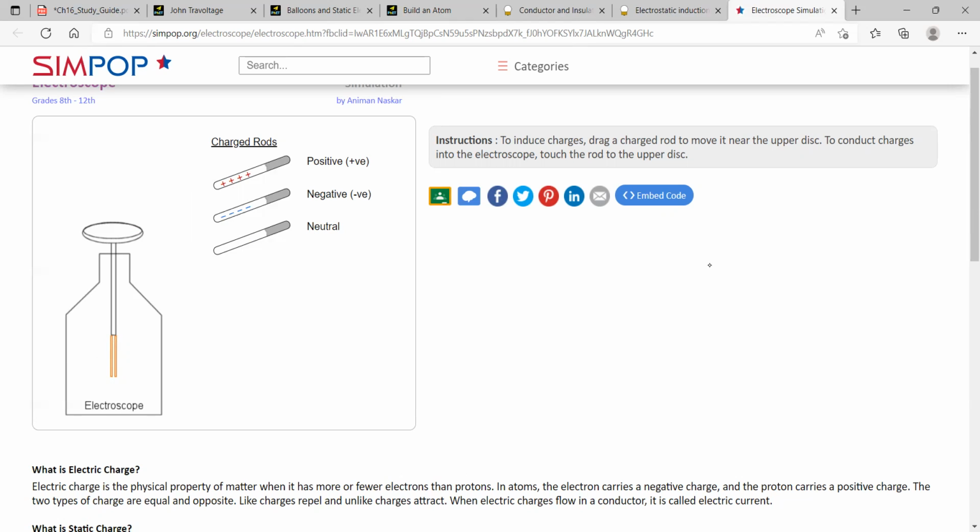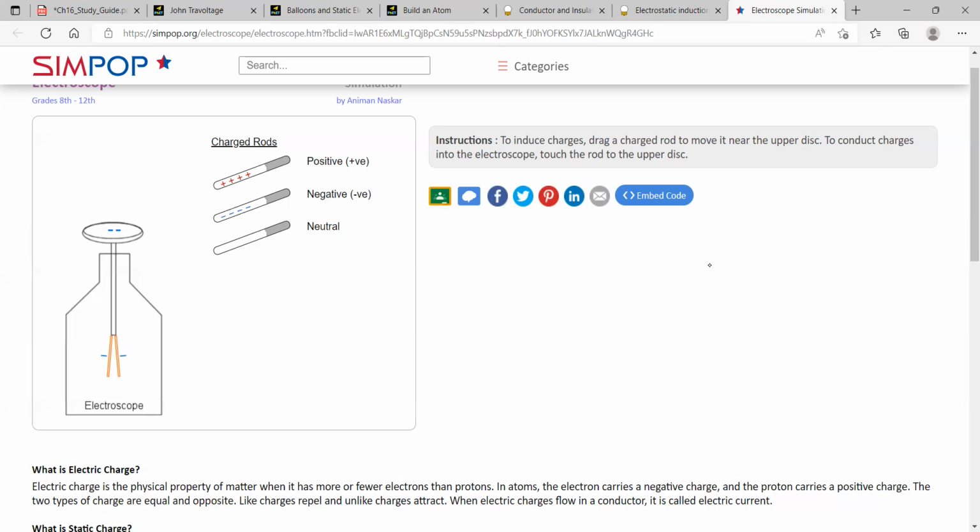To know that, we have to first charge the electroscope by using some known charge. For example, let's charge this electroscope with a negatively charged object by touching it. When we touch it with a negatively charged object, it is now negatively charged.